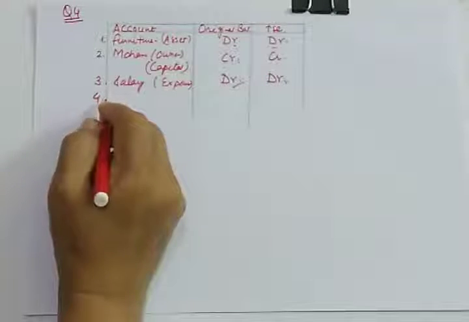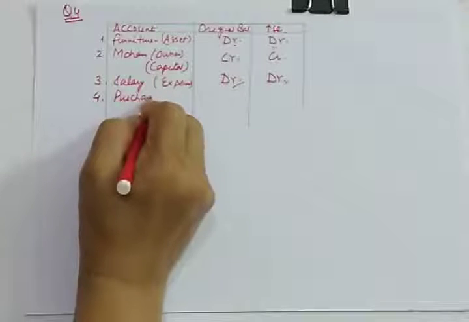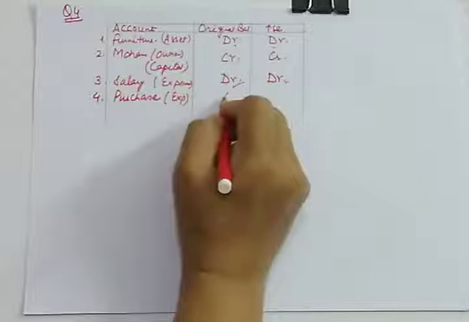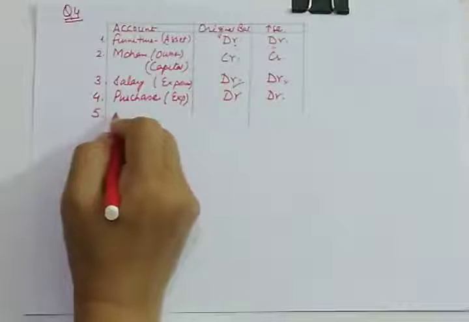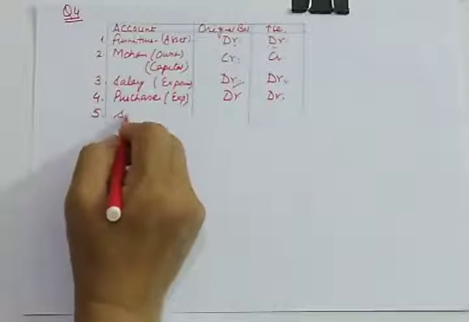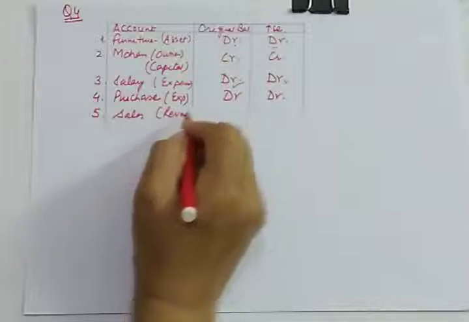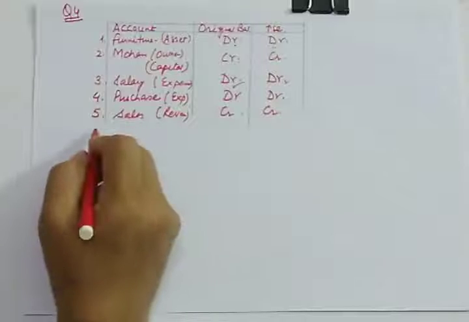So the next one, after salary, is purchases. Purchase, again it's an expense, debit, and then debit. Now next, after purchases, is sales. Sale is a revenue, credit, and the increase is also credit.